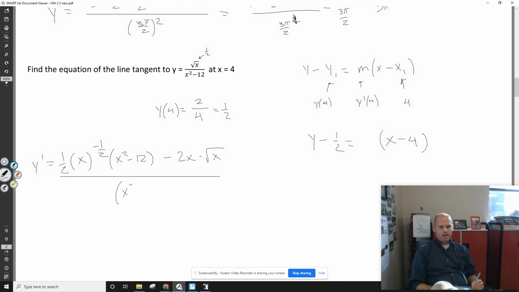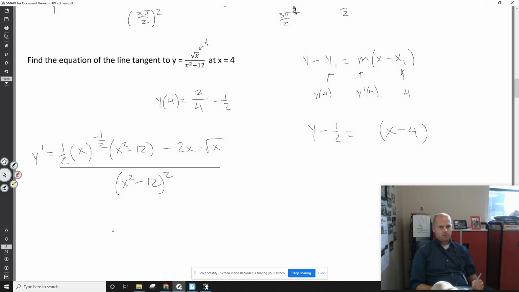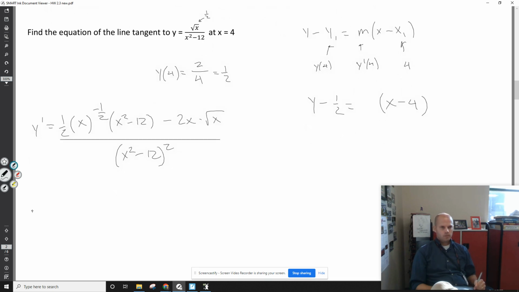It's not really advantageous to simplify this since we are just plugging in a number, so don't. I am just plugging in 4. I get 1/2 times 1 over root 4. We know that a negative 1/2 power is just like a positive 1/2 power in the denominator. Times 16 minus 12. I'll write that out. Minus 2 times 4, which is 8 root 4.